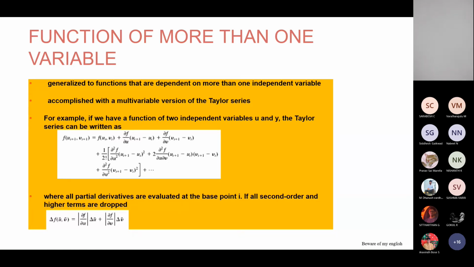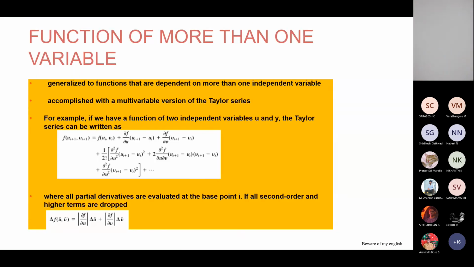Now we can write the formula as f of u i plus 1, v i plus 1 equals f of u i, v i plus the partial derivative of f with respect to u into u i plus 1 minus u i, and this continues on.